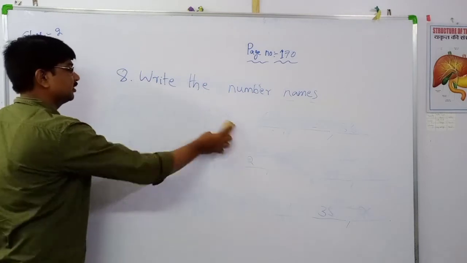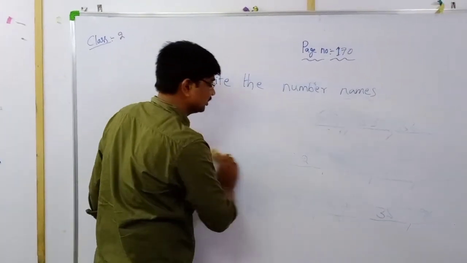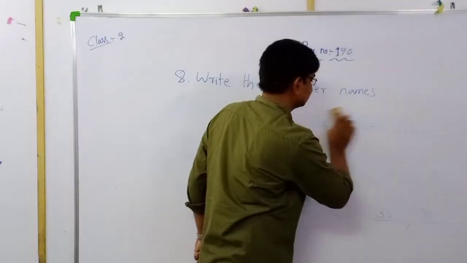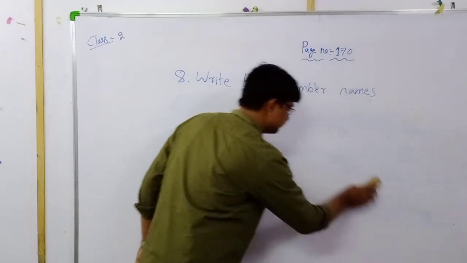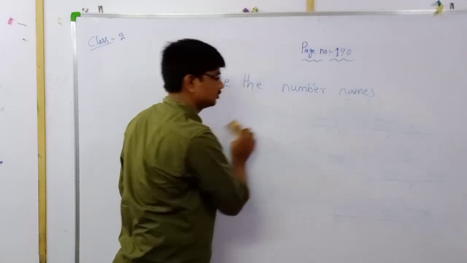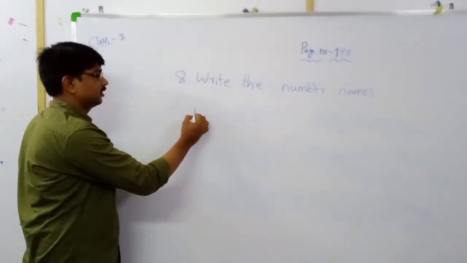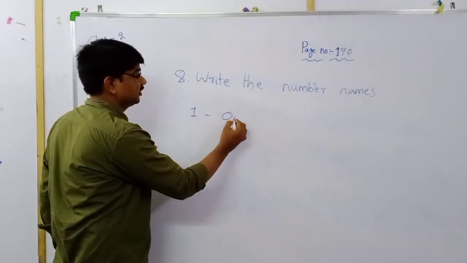What is the meaning of number name? Example, I am also having a name. You yourself also have a name. Like that, every number has its own name. Example, 1 is here. This is a number. ONE, 1.